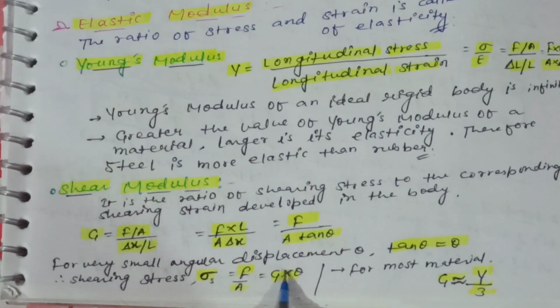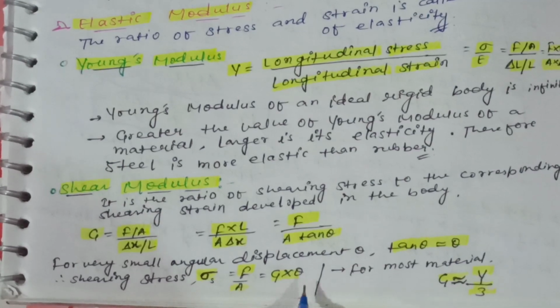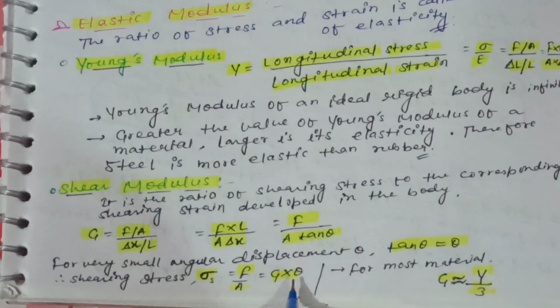For very small angular displacement theta, tan theta is equal to theta. Shearing stress sigma s is equal to F upon A, which is equal to G into theta. For most materials, G is equal to Y upon 3.